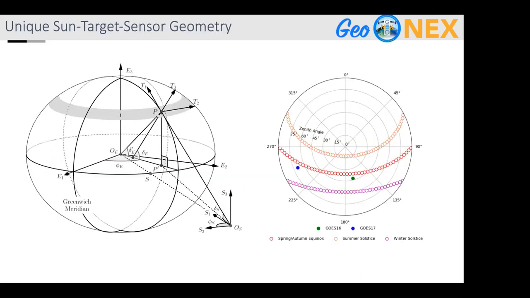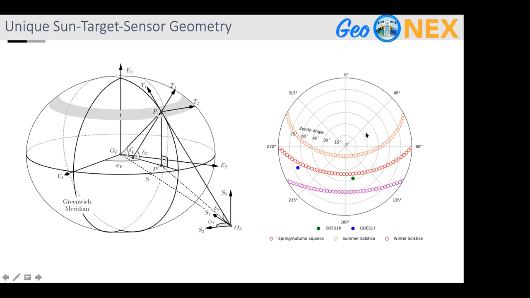Okay, so geostationary sensors obviously have a very unique geometry in terms of sun, target, and sensor, right? The satellites rotate with the Earth. So if you stand on the ground, the geostationary sensor is basically fixed relative to you, right?